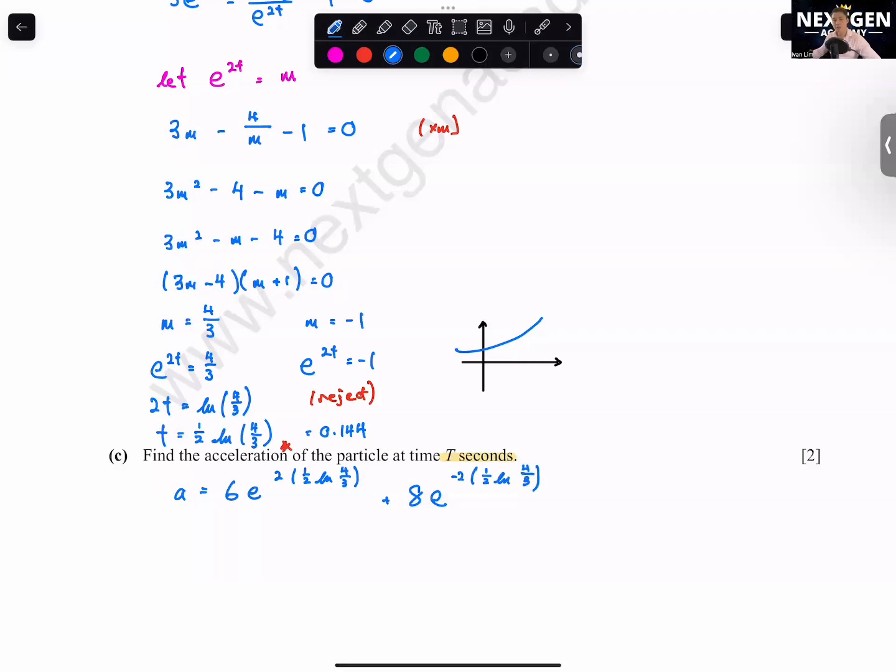What I like to do, instead of keep writing it, I just keep it as the answer first. Then you just type 6e power 2 times answer plus 8e negative 2 times the answer. You get 8 plus 6 here, and then you get 14.